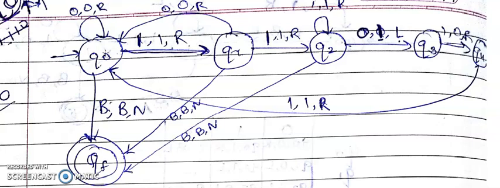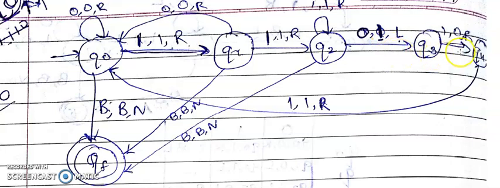I hope this is clear. Okay, and anywhere if you get a blank, in Q0, Q1 and Q2, anywhere if you reach the end of the string, you can move to the final state. But one thing if you observe here, we are not reaching the final state from Q3 and Q4. Why? Because once I get 110, that has to be converted to 101.